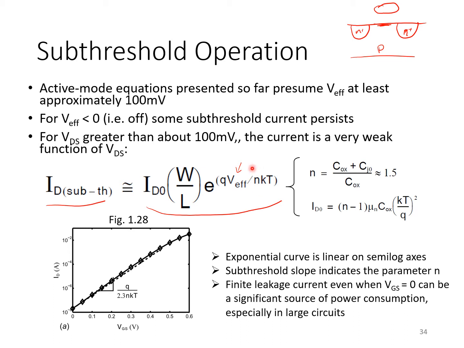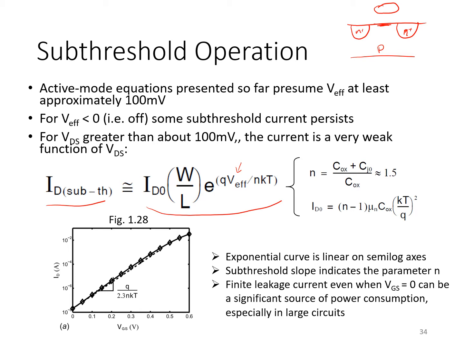And then the final parameter is n. n is a transistor parameter that relates essentially the strength of the gate field effect to that of the back gate.